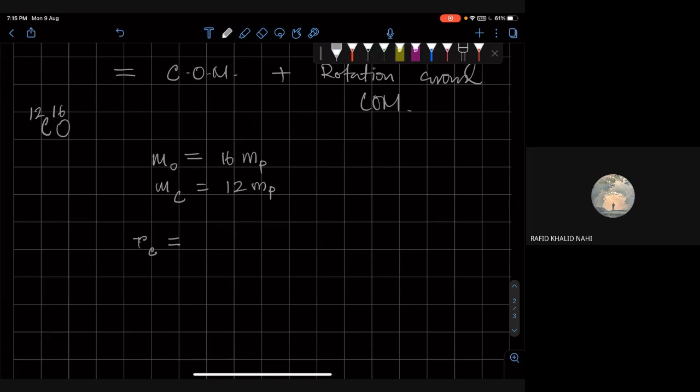Is the center of mass going to be closer to the carbon or to the oxygen? Oxygen. Right. The lighter the object is, the farther it will be from the center of mass.